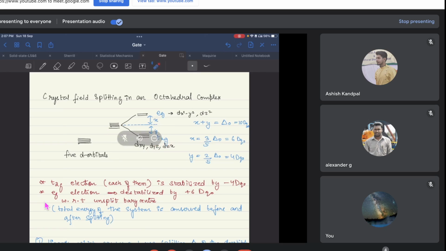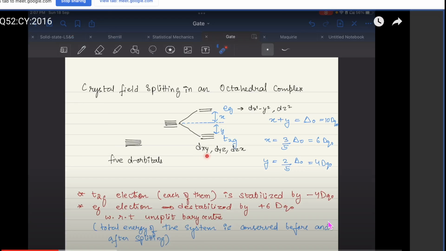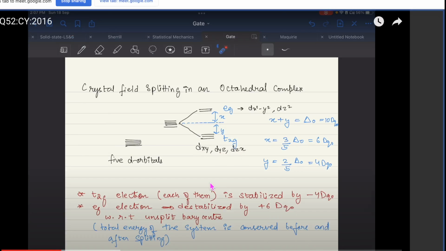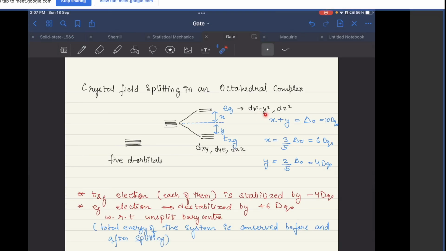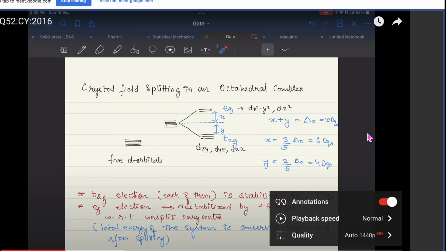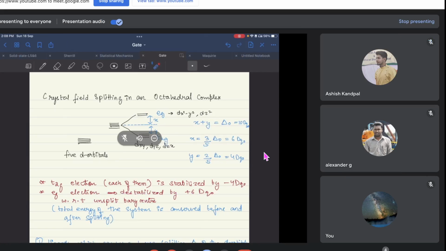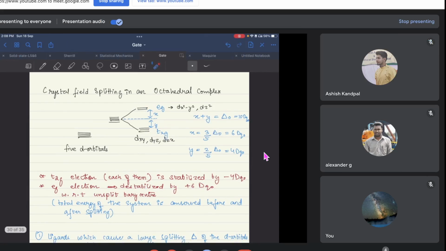The t2g orbitals are dxy, dyz and dzx, whereas the eg orbitals, having higher energy, are dx² minus y² and dz². The dotted line here denotes the barycenter, and the x and y values we can calculate like this.